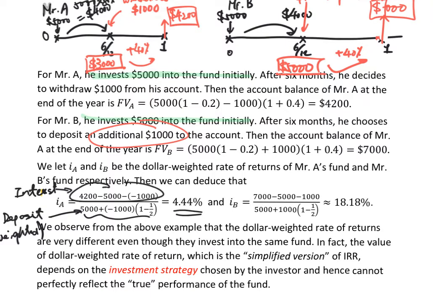Okay, so here you can see that this dollar rate of return is very different for Mr. A and Mr. B. So that means that this dollar rate of return is not just affected by the performance of the fund itself, but also depends on the strategy chosen by the investor.